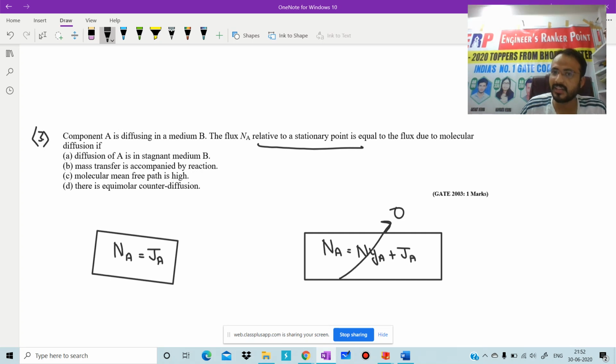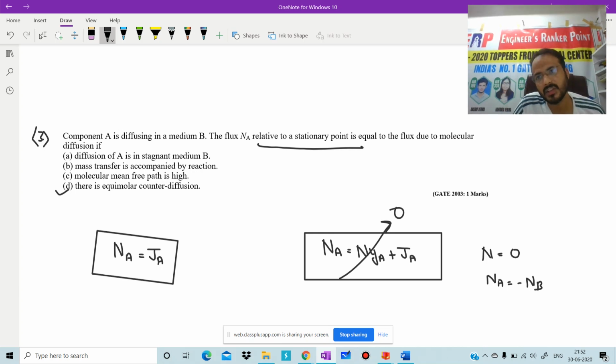When this term is equal to 0, N is equal to 0, which means NA is equal to minus NB. What does it mean? It is a case of equimolar counter diffusion. So the right answer will be equimolar counter diffusion. 1 mark, easy marks. Is it clear? I hope there should be no doubt.